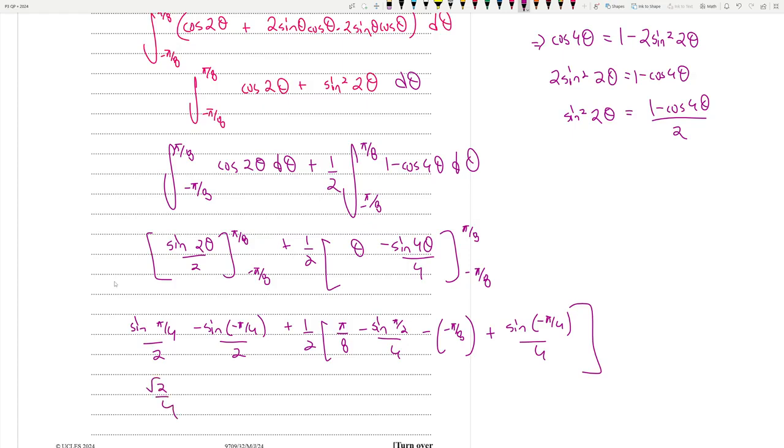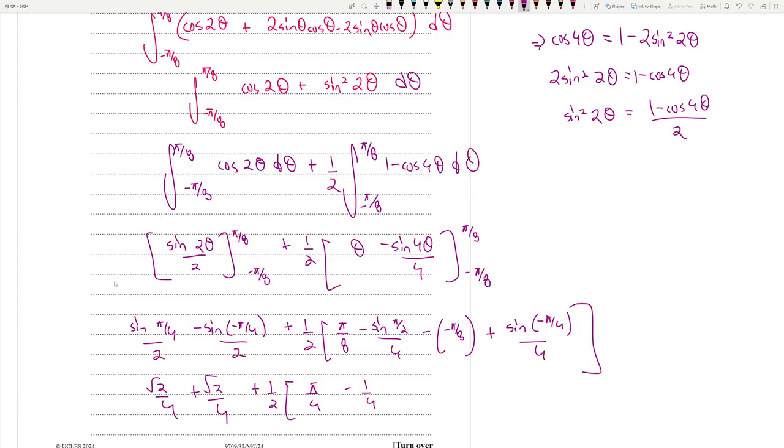So this is root 2 by 4 plus root 2 by 4 again. It's basically pi by 4 now. Minus 1 by 4 sine minus pi by 4. But I messed up here.